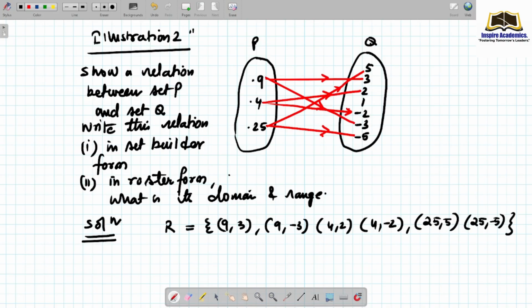So this is the relation in the roster form.